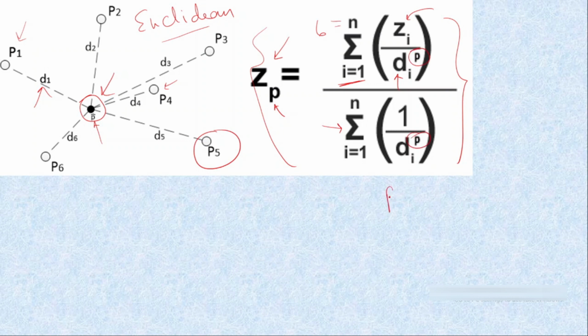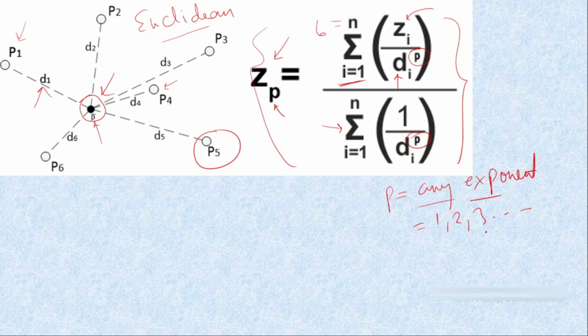Now a crucial quantity here is this p, which is an exponent. Why I'm saying that it is any exponent is because the distance should be inversely proportional. That is one thing, but it can be any power. It can be 1, 2, 3 and so on.